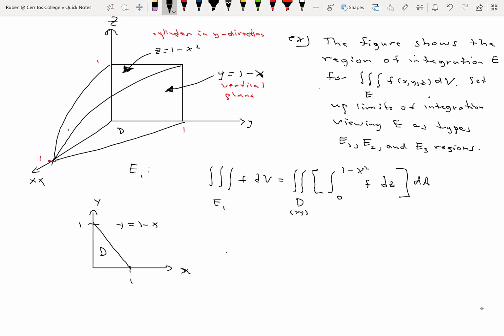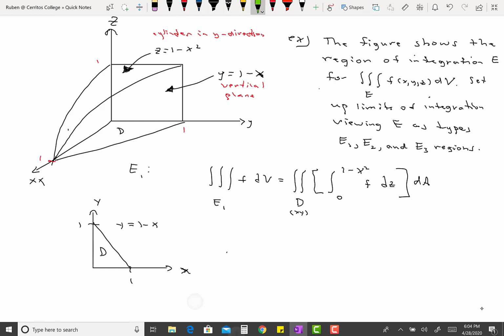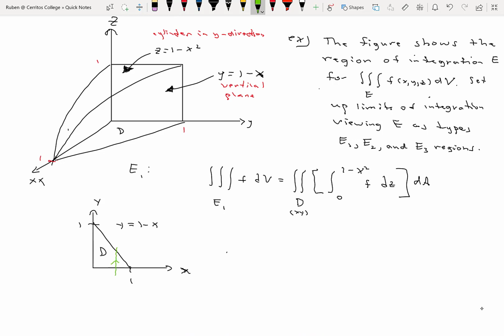So to set up the limits on the double integral, we can interpret this as a type Roman numeral 1 region, which means we integrate in the y direction from y equals 0 to y equals 1 minus x. Let's actually do that.